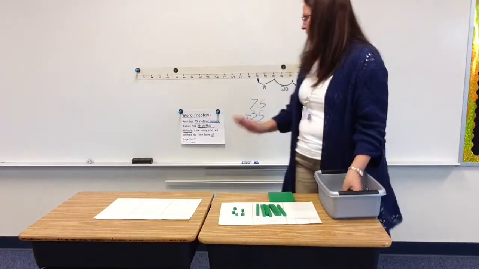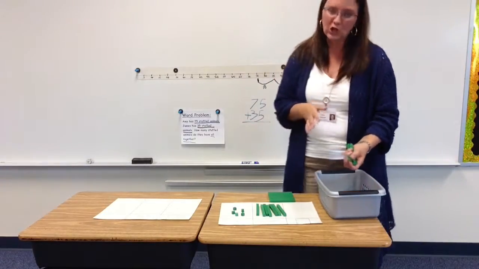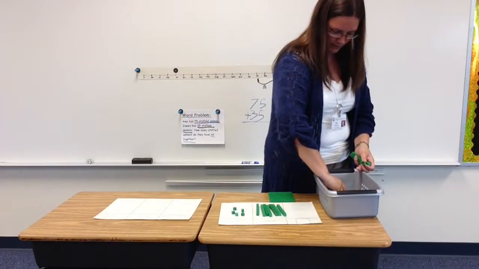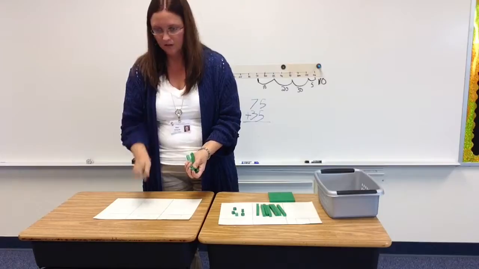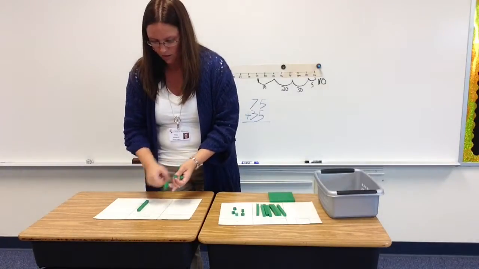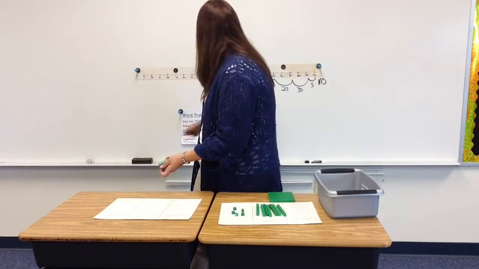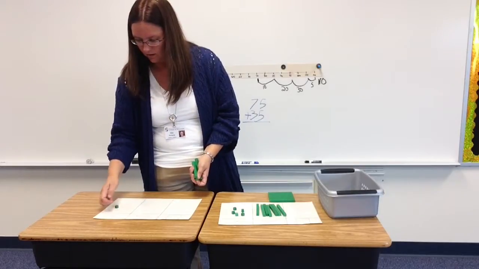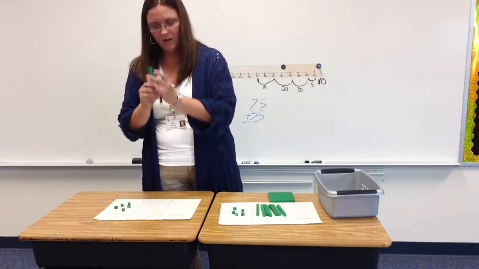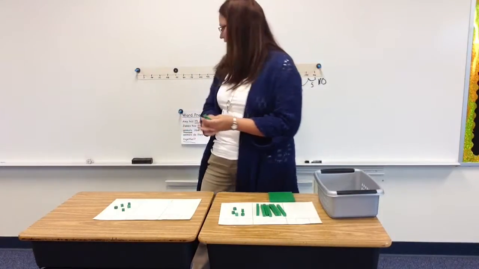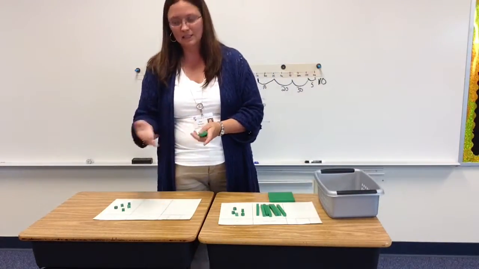Now, let's move on to what James has. James has 35. So, we're going to go over here to James's, and we're going to put down 5 ones. 1, 2, 3, 4, 5. And then we're going to put down 3 tens because he has 30.